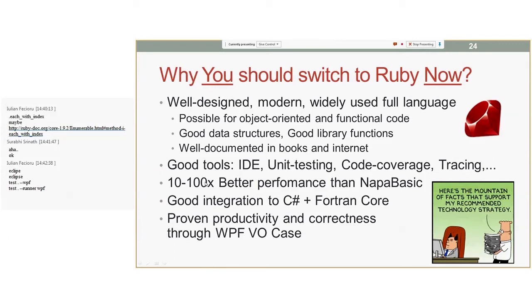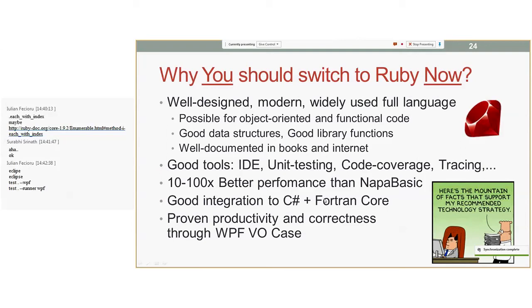Much better performance than NapaBasic. Although Ruby is known as a slow language, NapaBasic is even much slower, despite the recent attempts to improve it. Good integration to C# and Fortran core.